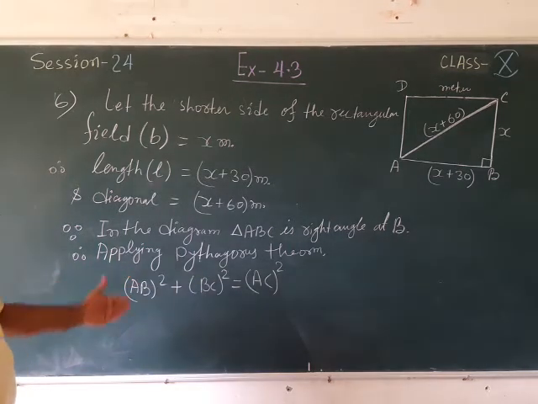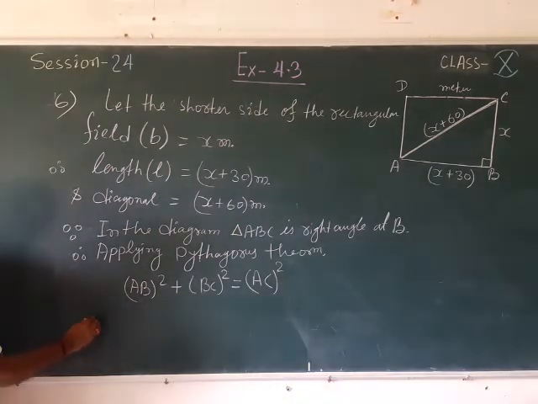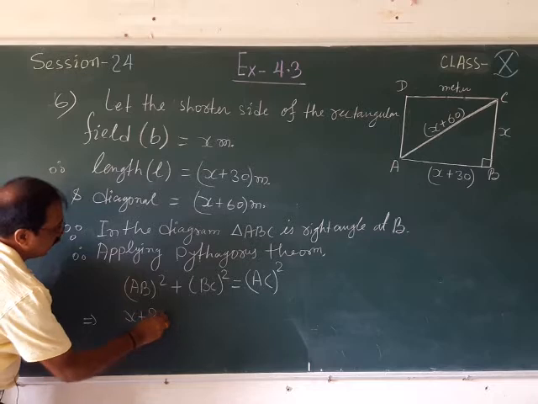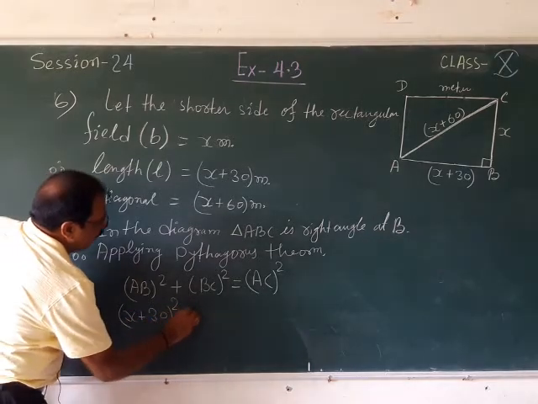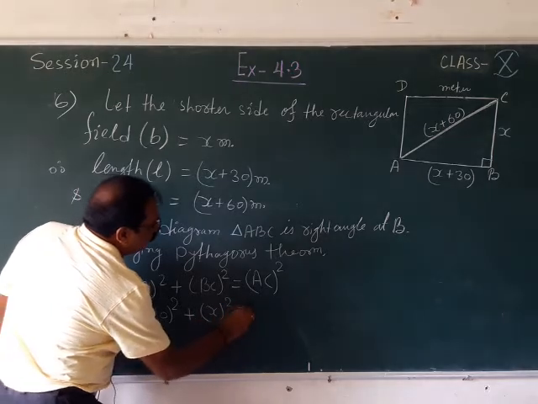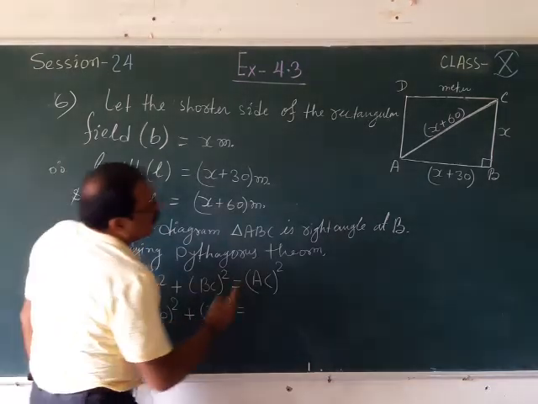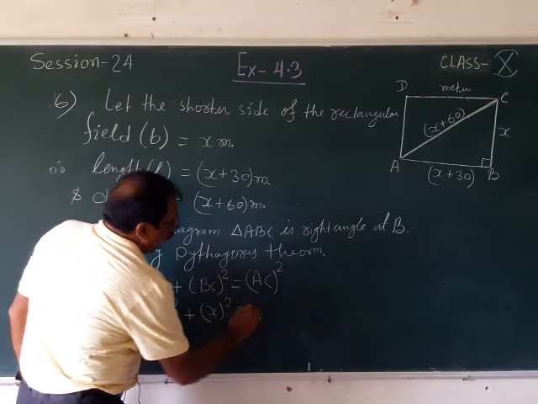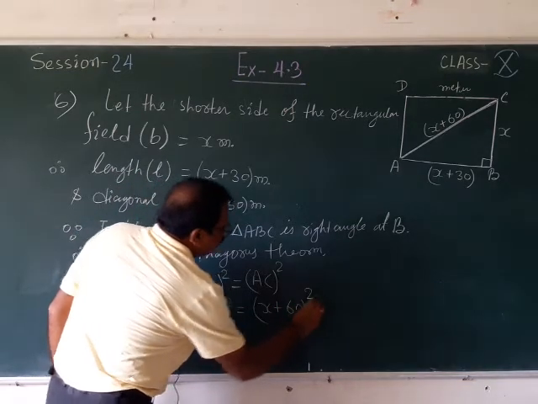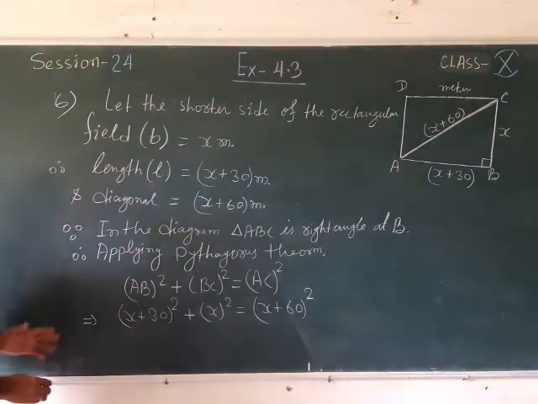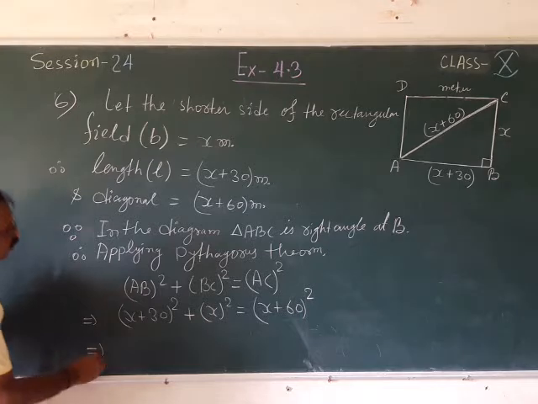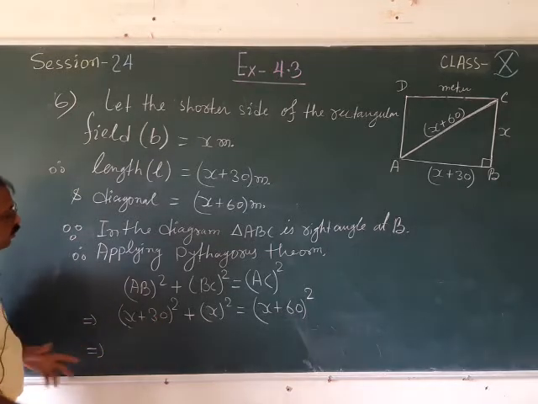I am going to apply this to get the value of x. What is AB? You have seen that it is given as x plus 30, so you can write its square, and BC is x, so x square, and AC is the diagonal, that is x plus 60, so x plus 60 whole square. Further, you need to apply the formula a plus b whole square to solve it.